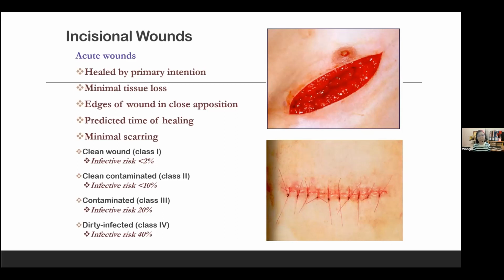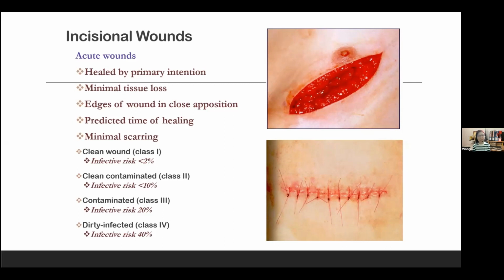The edges of the wound are in closed position, so you can go back to the near normal position. The acute wound also has a predicted time of healing. Normally, for wounds like incisional wound it is about 10 to 14 days, and it has minimal scarring.